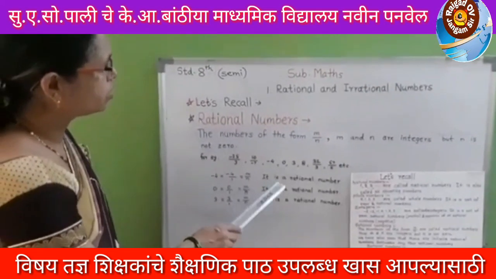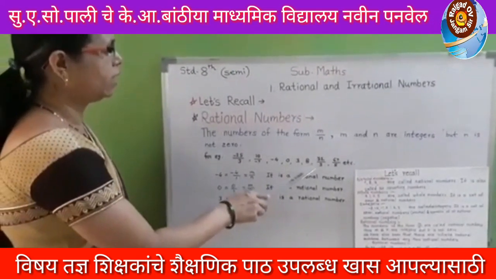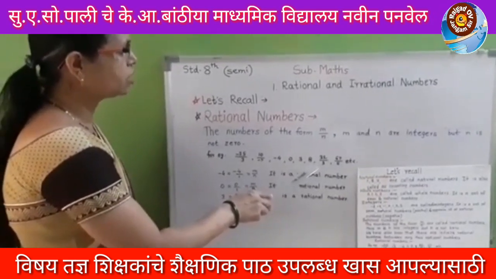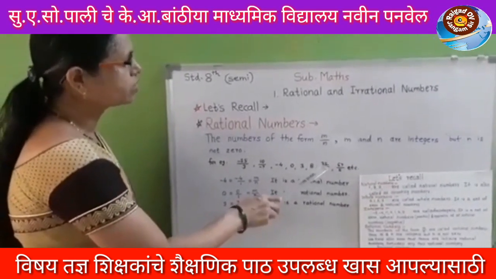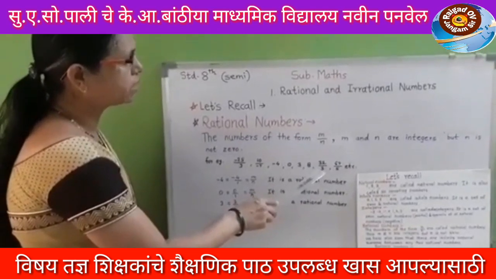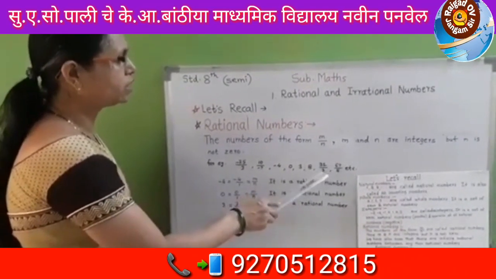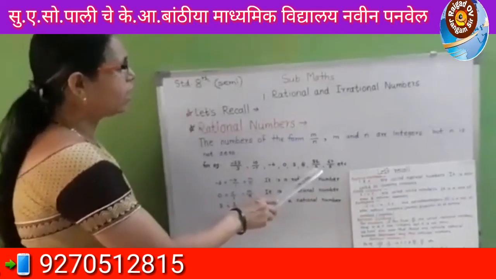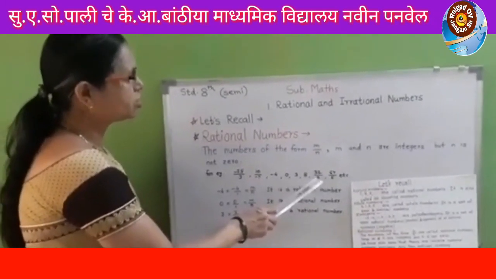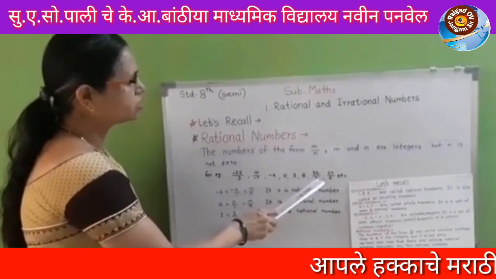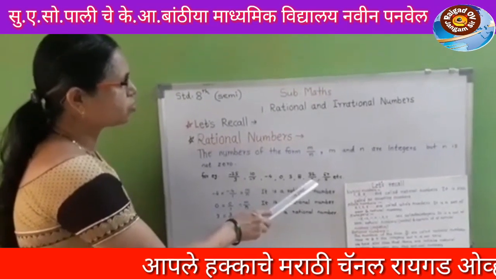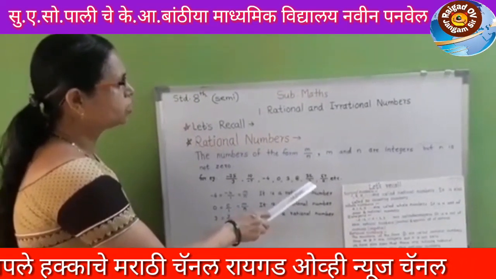And next example, 32 by 3 is in the form of m by n. Here 32 and 3 are integers, and by definition n is not equal to 0, means denominator is not equal to 0.